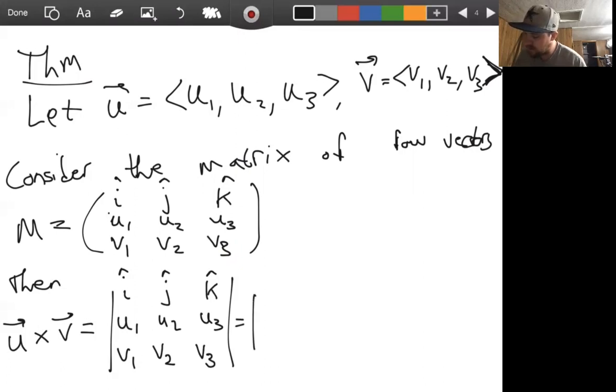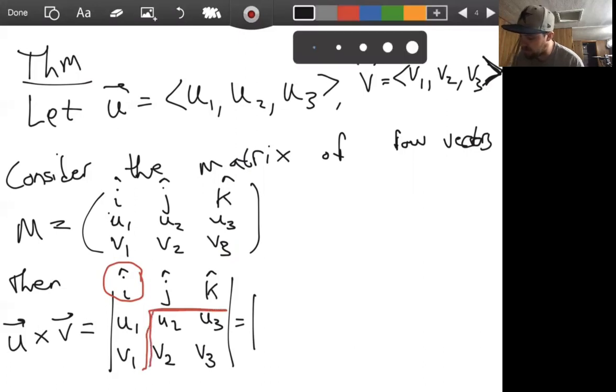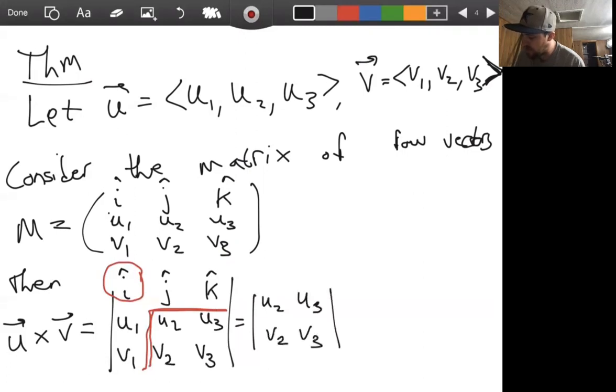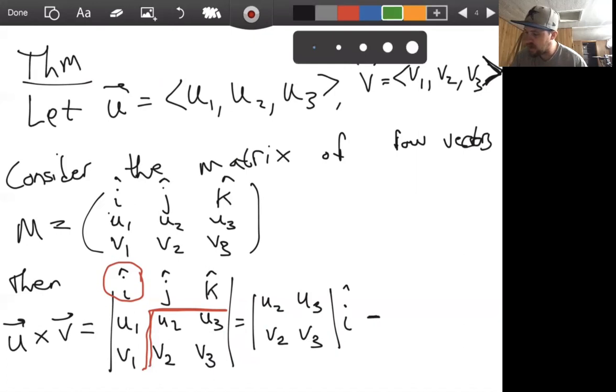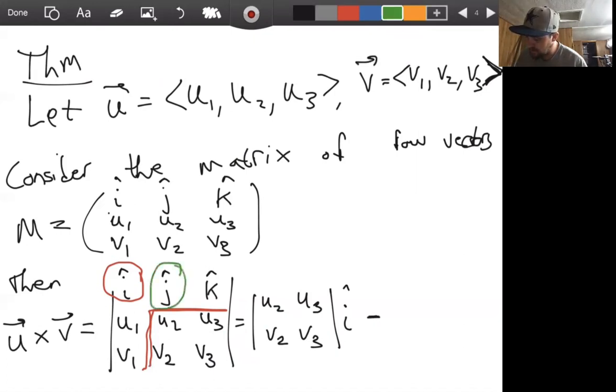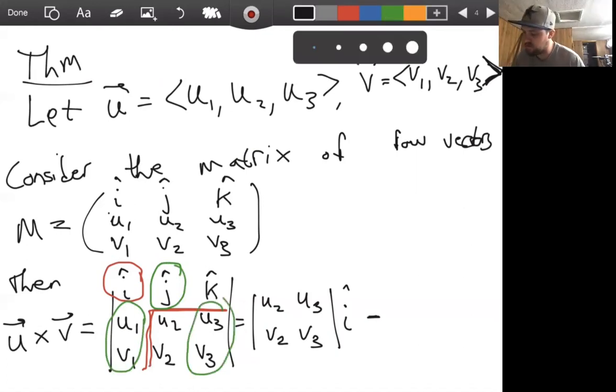Let's take the determinant, right? First we start with I hat, and it's going to be I hat times the determinant of the bottom right 2 by 2. So that's U2, U3, V2, V3 times I hat, and then minus, that's our formula for the determinant. Then we go to J hat, and we take the corresponding 2 by 2, right?